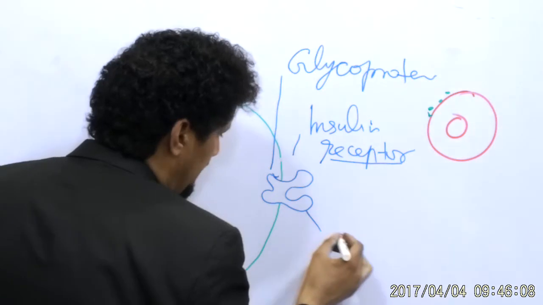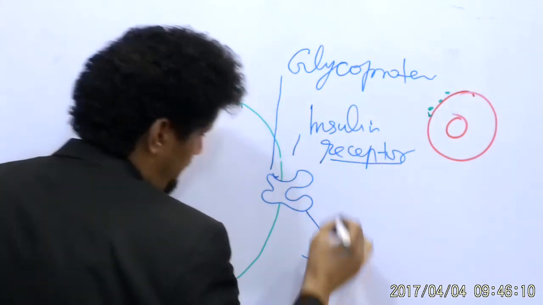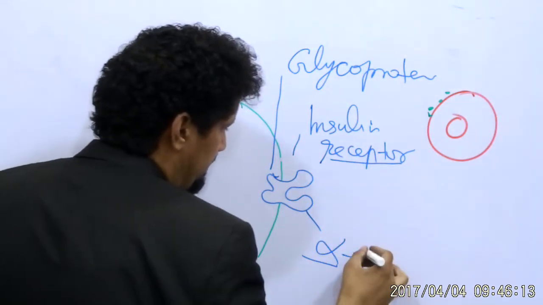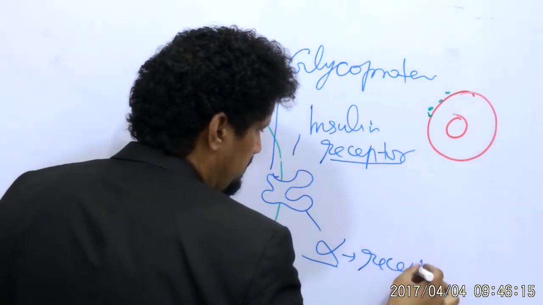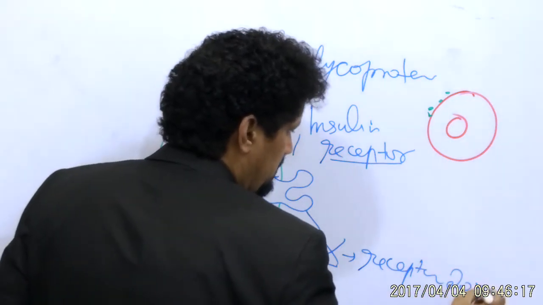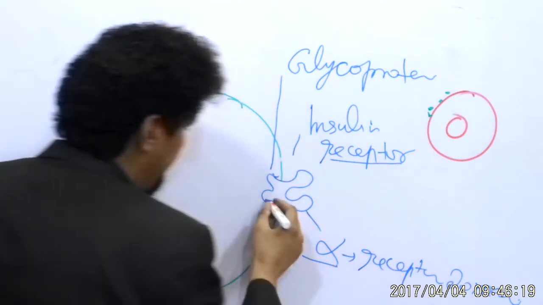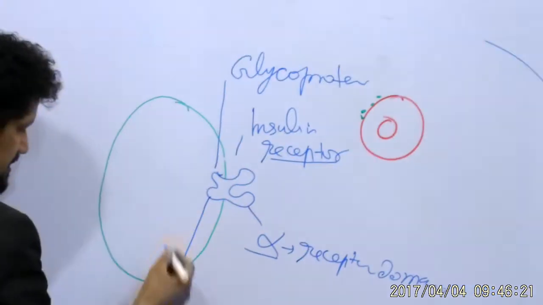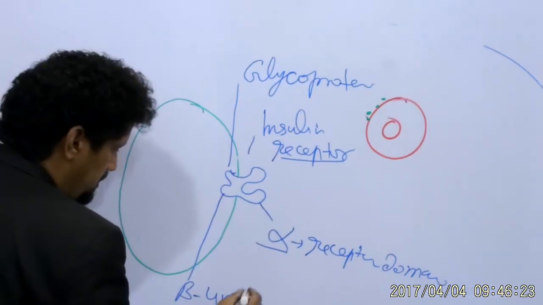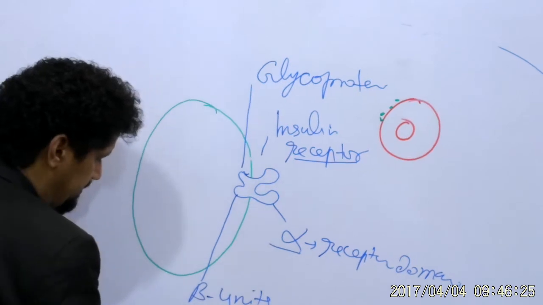It has 2 alpha units, known as the receptor domain, and 2 beta units which are intracellular. These are the catalytic domain.